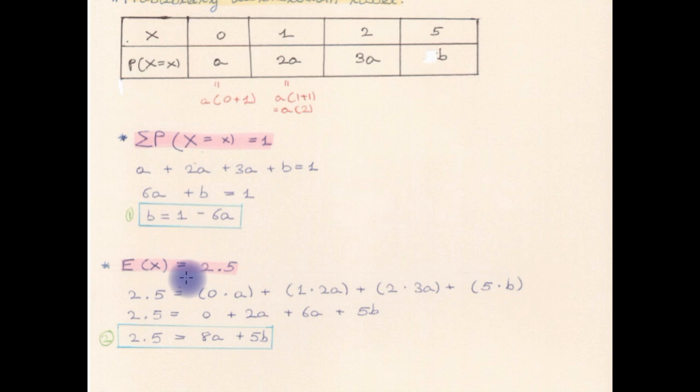Therefore, 2.5 equals 0 times a plus 1 times 2a plus 2 times 3a plus 5 times b. This is the same as 2.5 equals 0 plus 2a plus 6a plus 5b. That leaves us with our second equation of 2.5 equals 8a plus 5b.